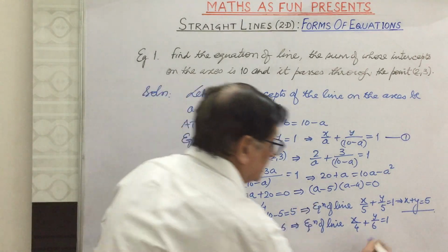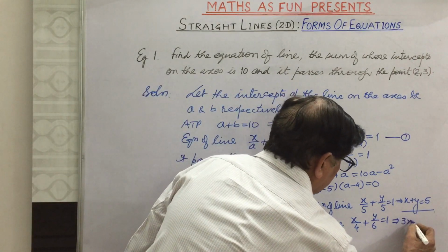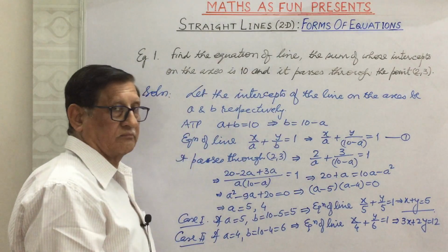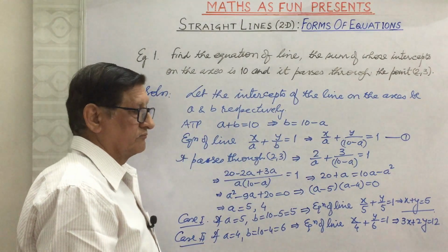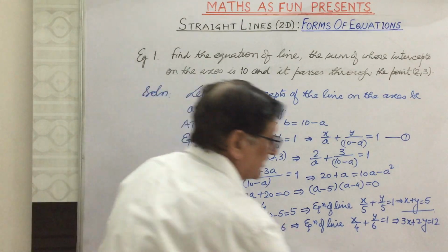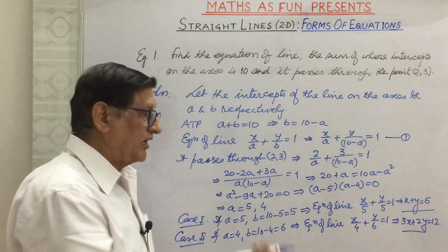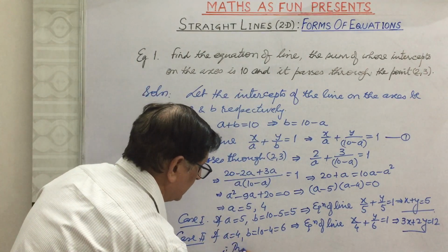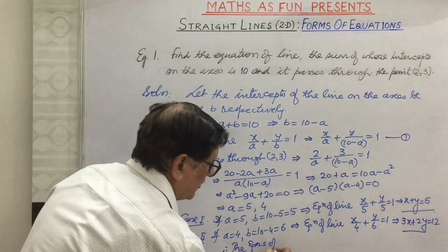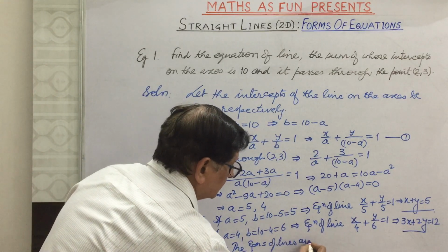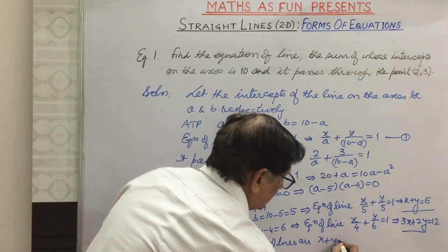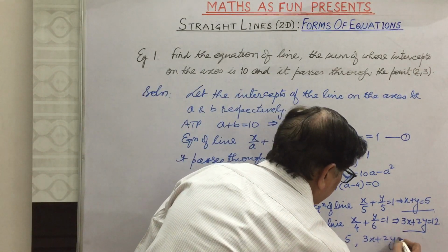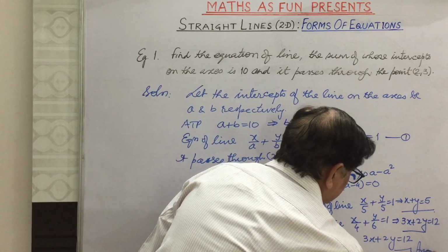If we simplify this, we get 3x plus 2y equal to 12. This is the second answer. So like this we get two equations in such a case. Therefore the equations of the lines are x plus y equal to 5 and 3x plus 2y equal to 12. This is the answer.